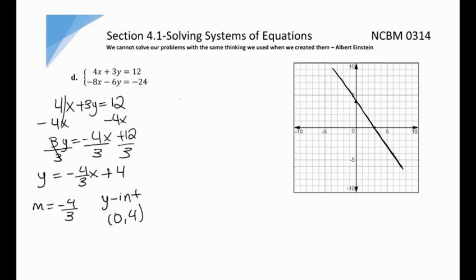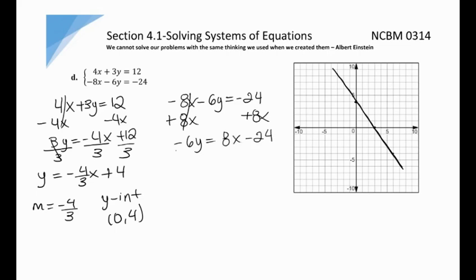Now we have negative 8x minus 6y equals negative 24. We add 8x on both sides. So we have negative 6y equals 8x minus 24. Divide everything by negative 6.